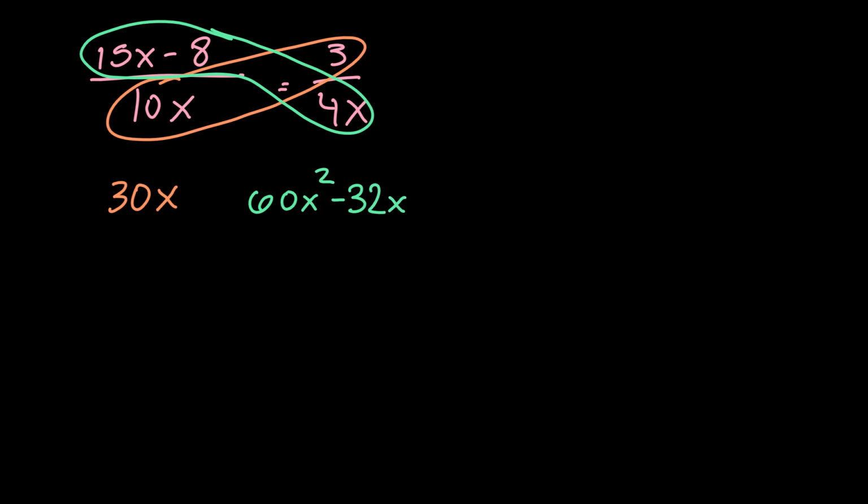Thank you. Now, here's where some people mess up, and they do this. Is that how you're supposed to cross multiply? Yes. The things that you cross multiply need to be set equal to each other, right? So we multiplied 10x times 3 and got 30x, set equal to 60x squared minus 32x.